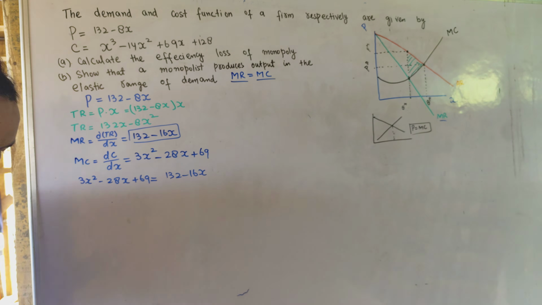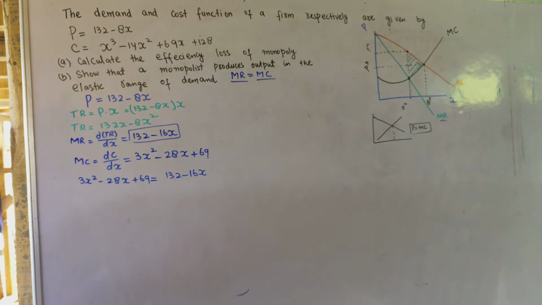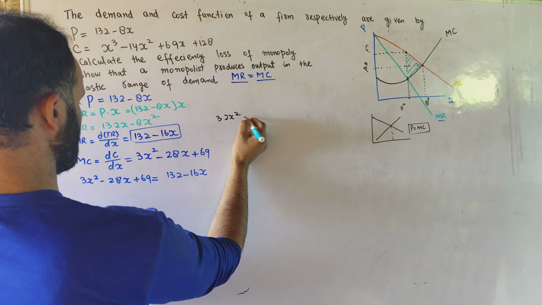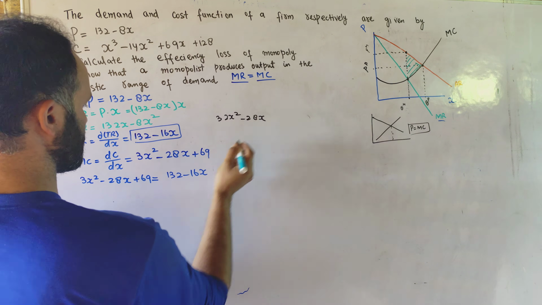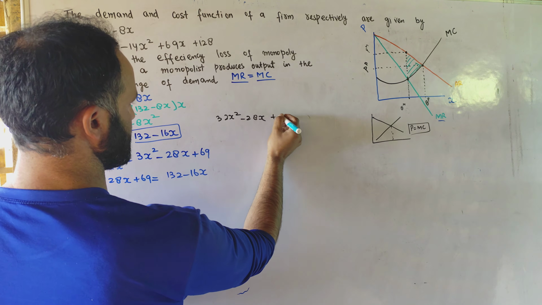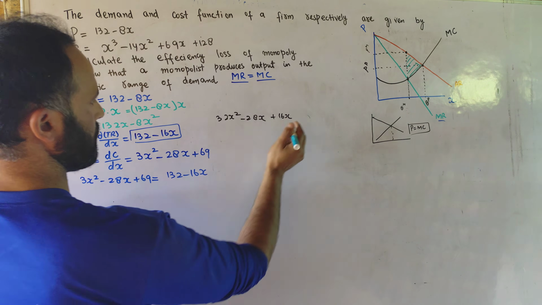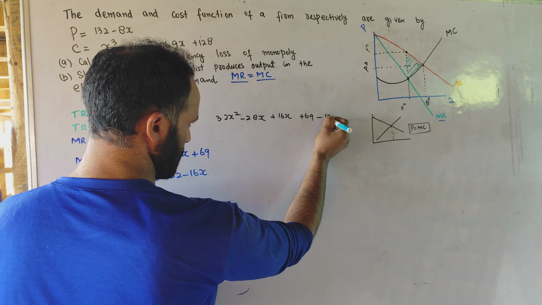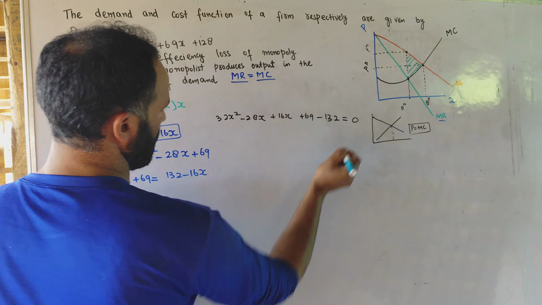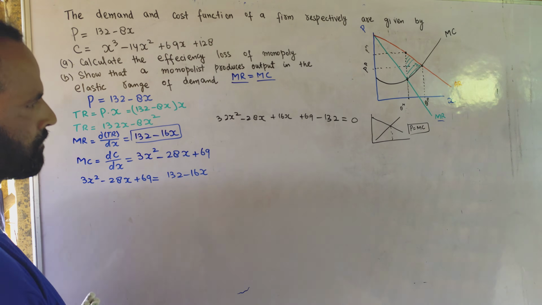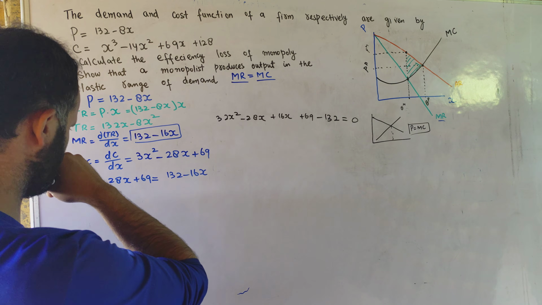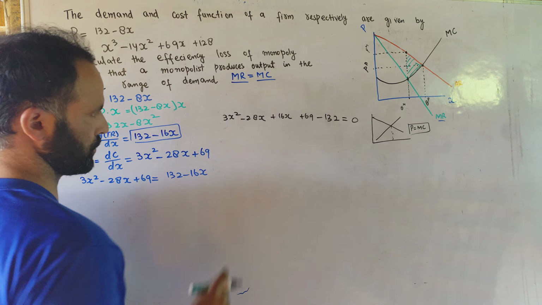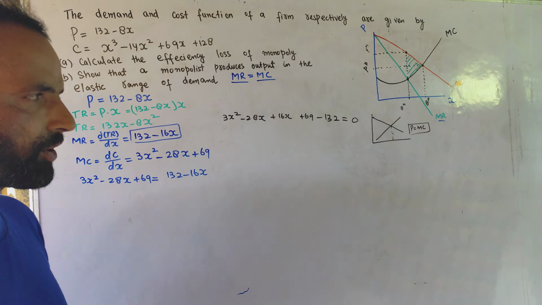Let me write it here to save space. So this is 3x square minus 28x, transposing this it becomes plus 16x. We have plus 69, transposing this it gets subtracted, which will be 132. It is only 3x square here. So let us add or subtract the like terms.